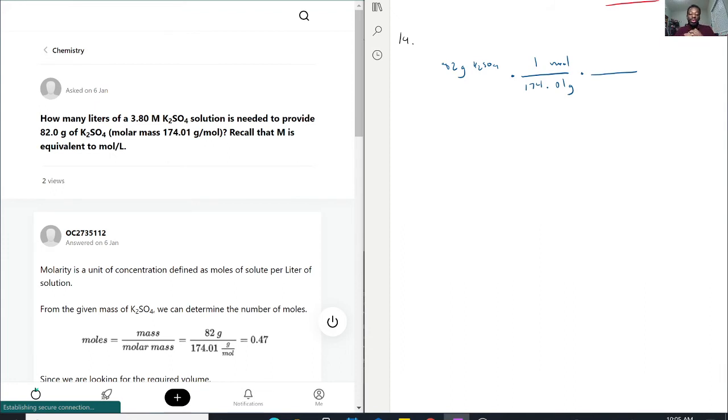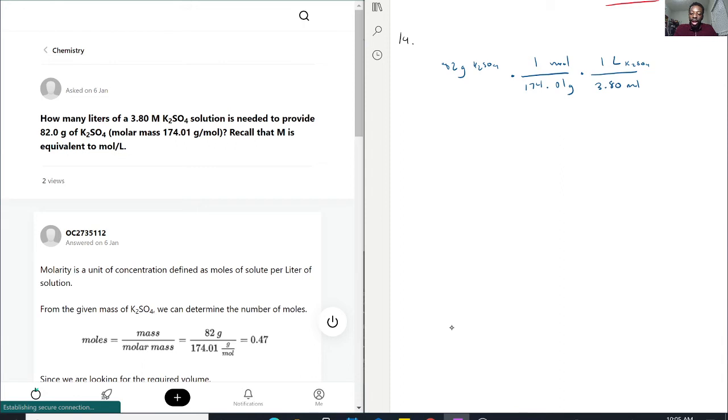And now, how does our molarity factor in? Recall molarity is equivalent to moles per liter. Right now, our moles is the numerator, but we want liters in the numerator. So we actually divide by that molarity. It would be 3.80 moles per 1 liter of K2SO4. Okay? And the reason why I wrote it all like this is because you should be able to just multiply through and divide through.